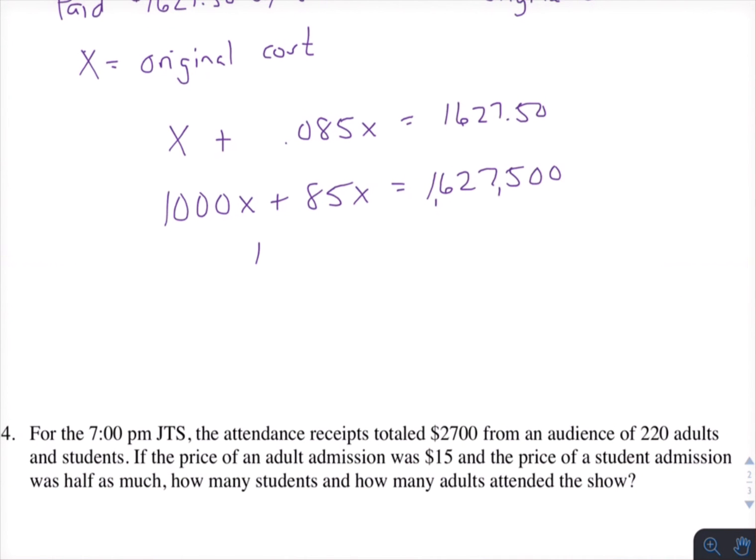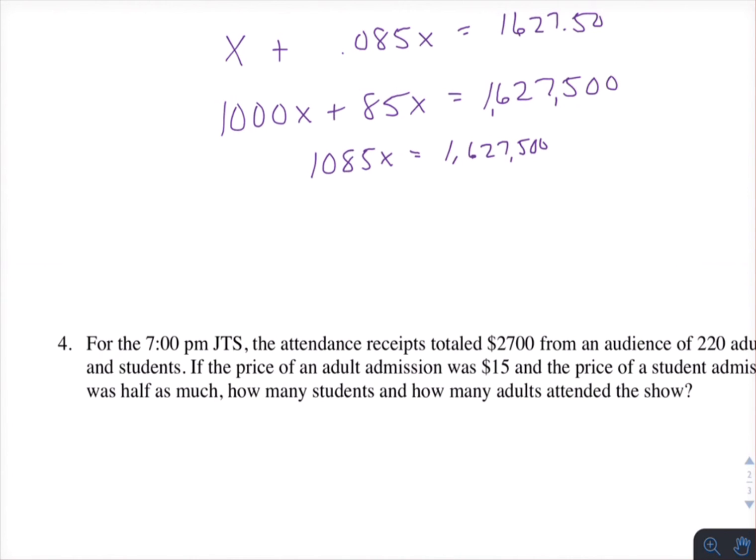So now we know that 1085x equals 1,627,500. So if we do the division, we'll just do this one long division here.